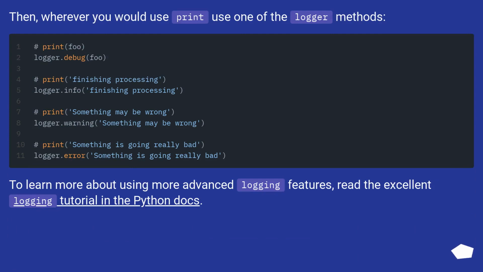Then, wherever you would use print, use one of the logger methods. To learn more about using more advanced logging features, read the excellent logging tutorial in the Python docs.